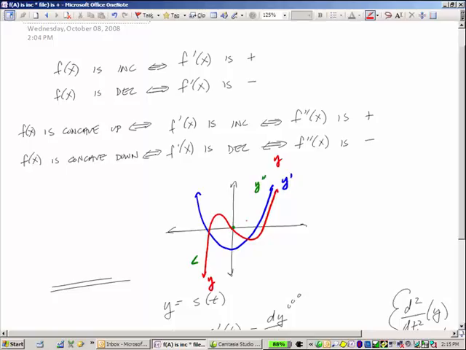Whoops, I didn't even match up my zeros right. The zeros are at the mins or maxes, and I need to put back, no, the green. Okay. So the derivative goes from positive to negative, so the function should be increasing to decreasing.